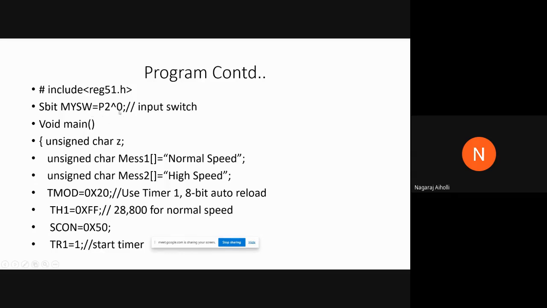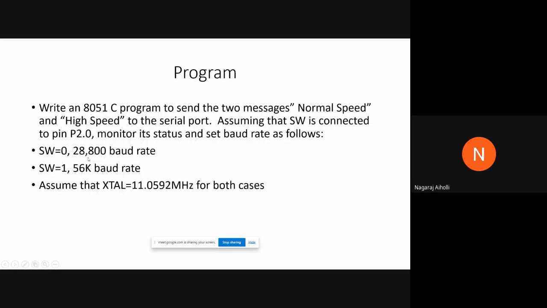If the status of the switch is 0, then the baud rate with which the message is to be transmitted is 28,800, which is a normal speed. If it is 56k baud rate, then it is high speed. 28,800 is a normal speed, and 56k baud rate is double the baud rate, so it is high speed.